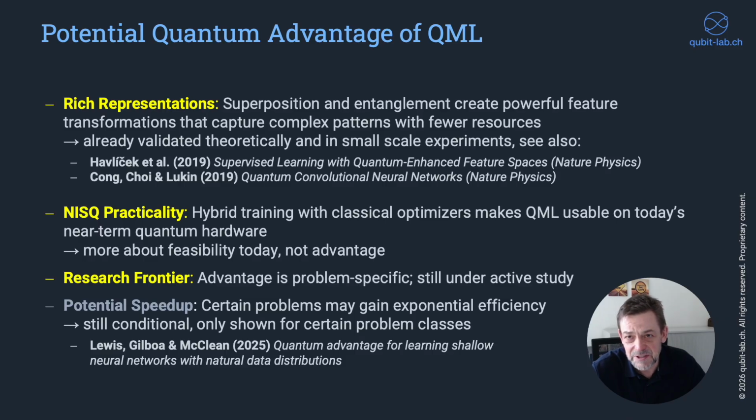Through entanglement and superposition, you get a transformation of the data to a high-dimensional Hilbert space, which allows possibly easier separation of the data and therefore classification. This works on NISQ devices, which is great. So we can use this in the near term, today. But it's still under academic analysis.